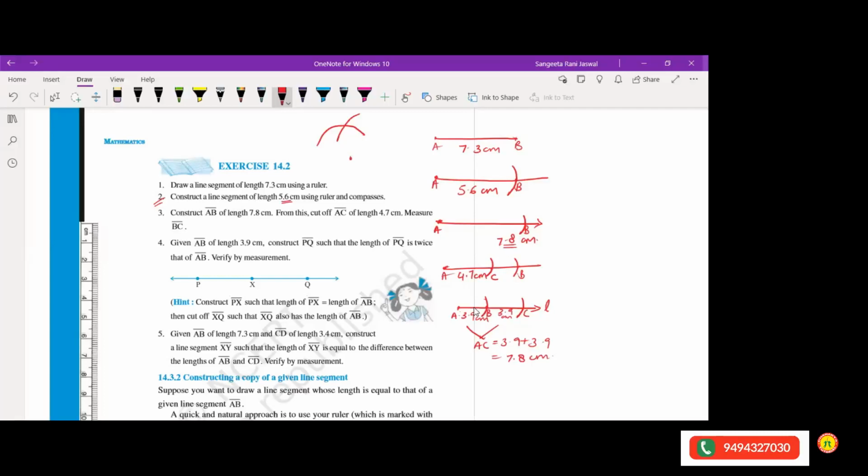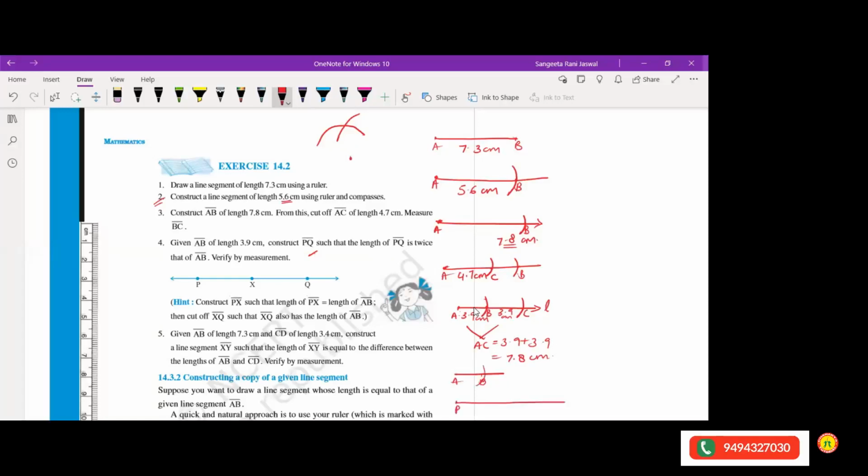Okay, it says to name it PQ. Let's name it PQ instead of A and C, whatever name is written in the question. Actually, it's saying first make a line AB. Then with this, make another line.